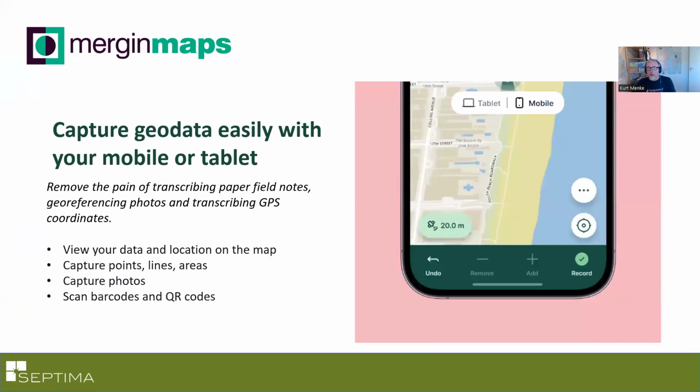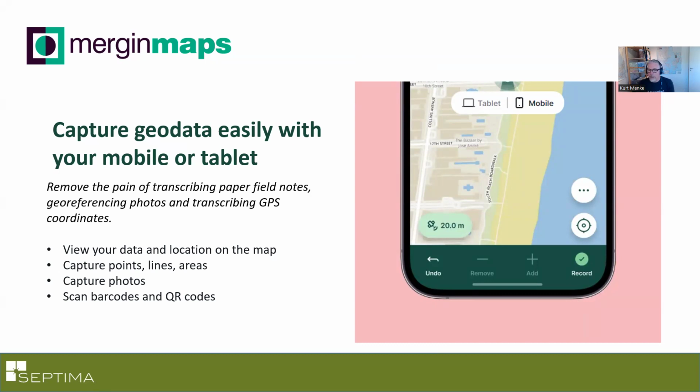Let's see. So Mergin Maps is a way to capture your geodata easily with your mobile phone or a tablet. As you set up a project in QGIS, it'll look exactly the same on your phone as it did in QGIS. So all the symbology and everything will come over just as it looked.